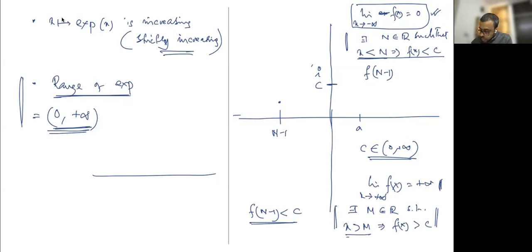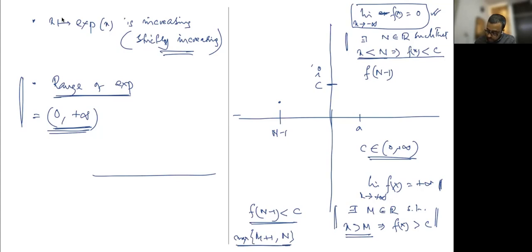So now from this, you take, let's say, M plus 1 and N, just so that this quantity is bigger than N minus 1.